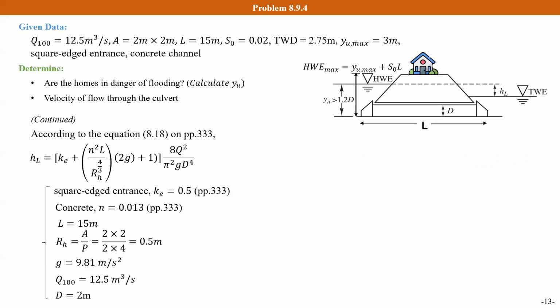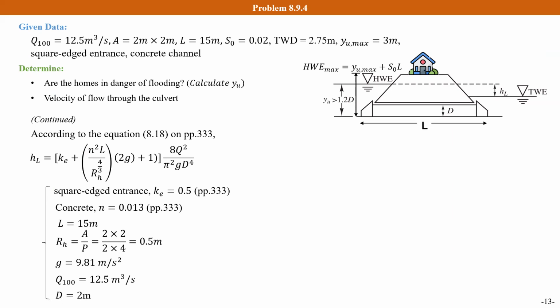Because it is a square-edged entrance, we know the coefficient equals 0.5. And because it is a concrete culvert, n equals 0.0310. We know the length of the culvert is 15 meters. We can calculate the hydraulic radius by using the area divided by the wetted perimeter.